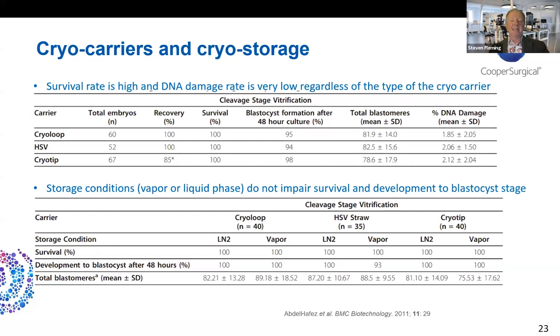But you can see in this study, rates of recovery, cryosurvival, blastocyst formation, and DNA damage within blastomeres was compared between the cryoloop open carrier and HSV and cryotip closed carriers, and also between storage in liquid nitrogen and vapor storage. And there was no significant difference between any of them. So really, it's up to you to decide what you would prefer to use.